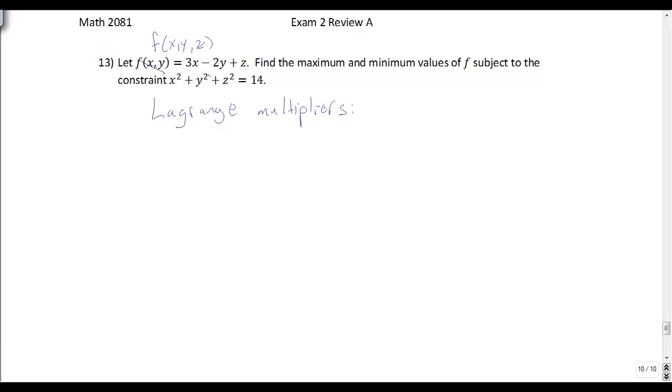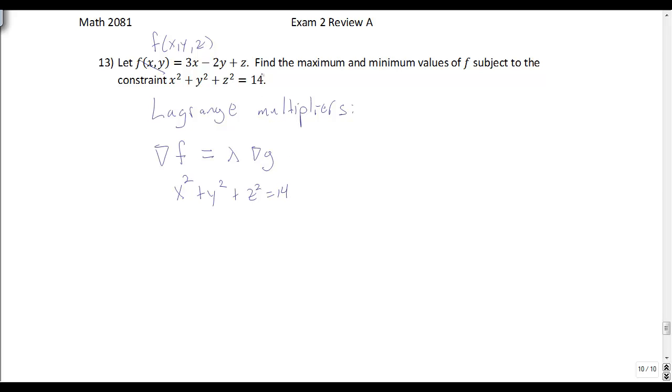So what we're going to do in this scenario is gradient of f should be some lambda times gradient of g. So this is going to be one equation. We're also going to have x squared plus y squared plus z squared equals 14.